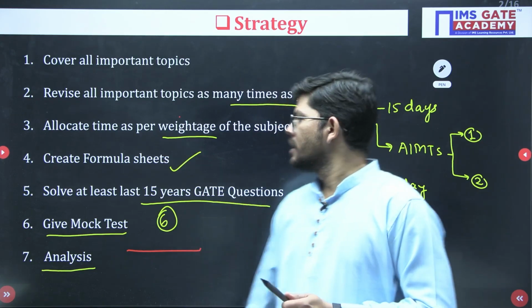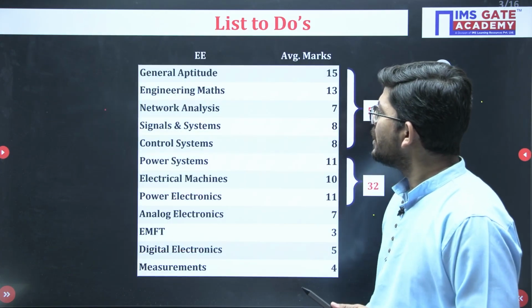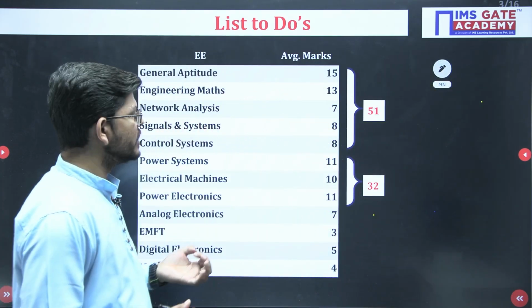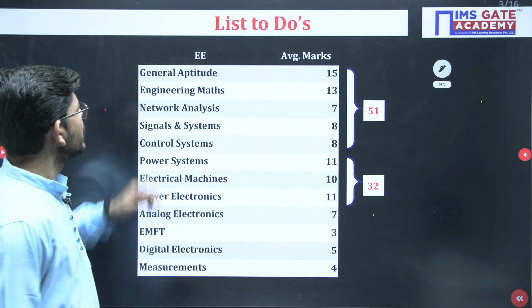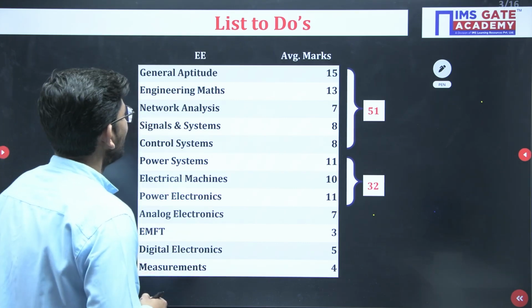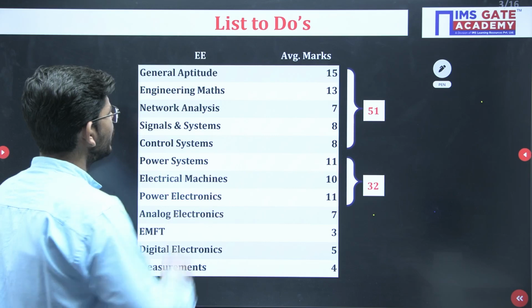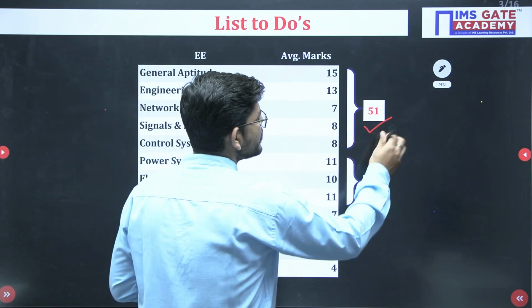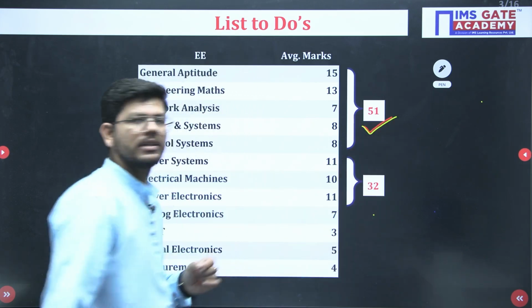Okay, now what is the weightage of different subjects in electrical engineering? So if you see here, general aptitude and engineering mathematics, network analysis, signals and control, these subjects have a weightage of 51 marks, isn't it?